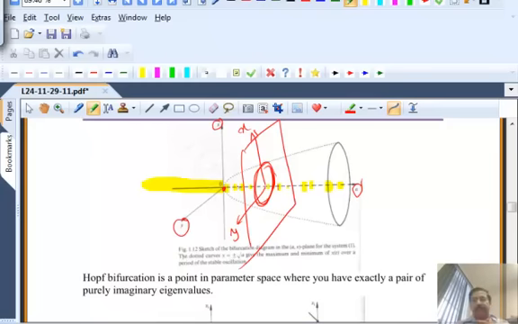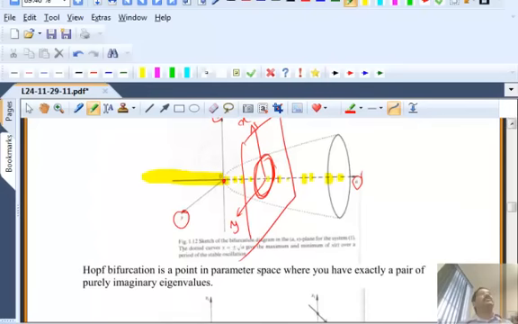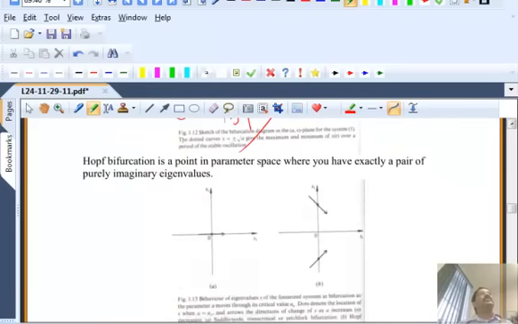And the key feature that we noticed is that the eigenvalues have a pair of purely imaginary eigenvalues. Okay, that is, lambda becomes simply plus or minus i. This is the map of the real part of the eigenvalue, and that's the imaginary part of the eigenvalue.